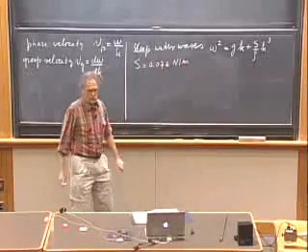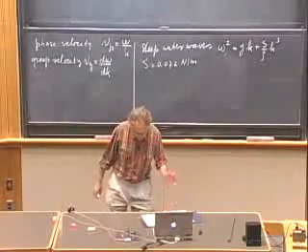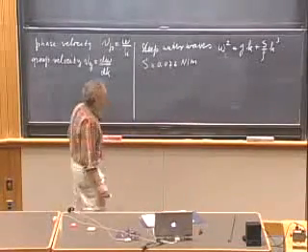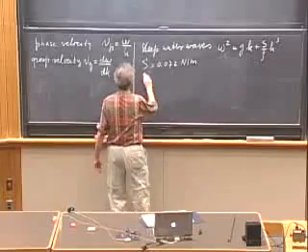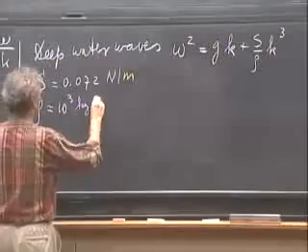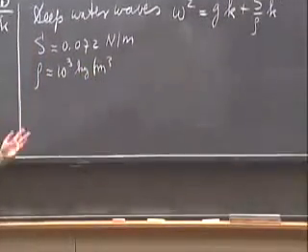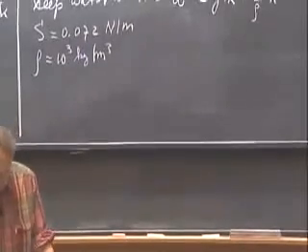I don't know whether you've dealt with surface tension in 8.01, but if not, you just can accept this S. And the density of water, rho, is about 1,000 kilograms per cubic meter. That, of course, is a little different for seawater, but that's a nice number to use.